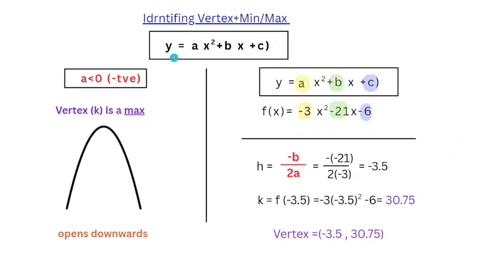The third form of the quadratic equation is y equals ax squared plus bx plus c. We will not look at a here, we will see the example. If f(x) equals negative 3x squared minus 21x minus 6, a is negative, so the parabola opens downward and the vertex k is a maximum value.